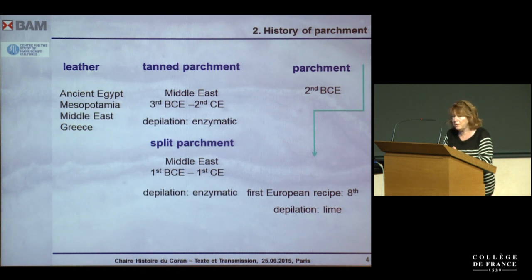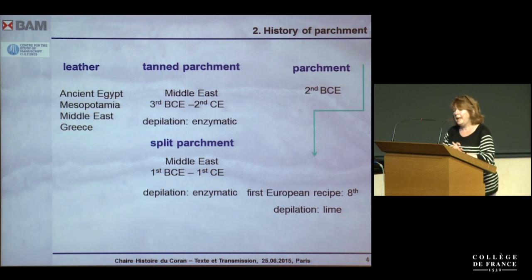In the cross-section of Babylonian and, in the west, Palestinian material, we find actually both types, and the parchment of antiquity was halfway. There was some kind of hybrid between leather and parchment, because it was parchment that was tanned, which is neither parchment nor leather.